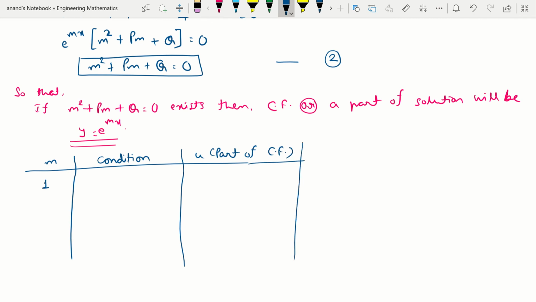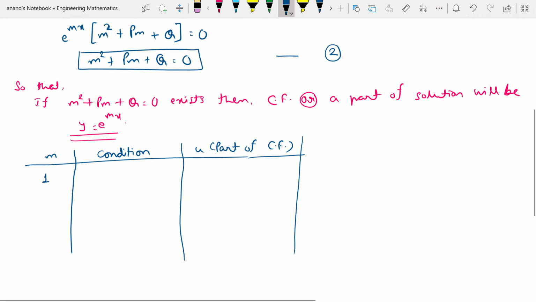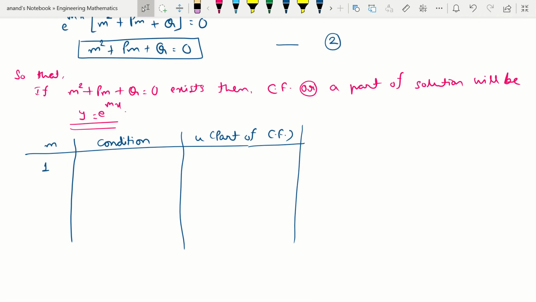Here let us assume the value of m as 1. So if we put the value of m into equation number second, we get 1 plus p plus q equals 0. It has been obtained when the value of m is 1. So the complementary function will be e to the power 1x.